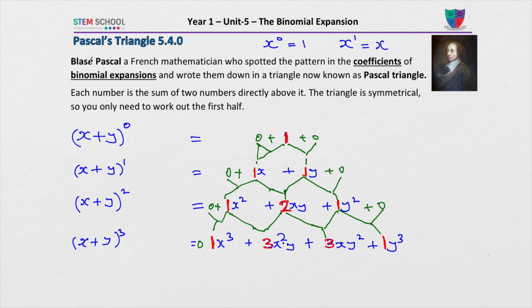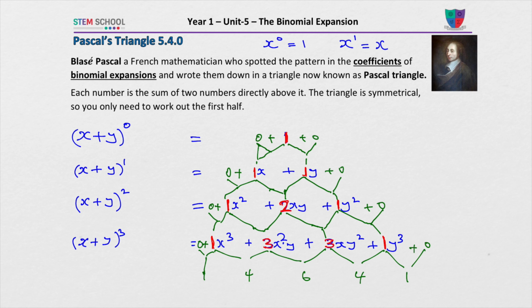If I put 0 here, 0 plus 1 will be 1. And 1 plus 3 will be 4. 3 plus 3 will be 6. And 3 plus 1 will be 4. And 1 plus 0 will be 1.